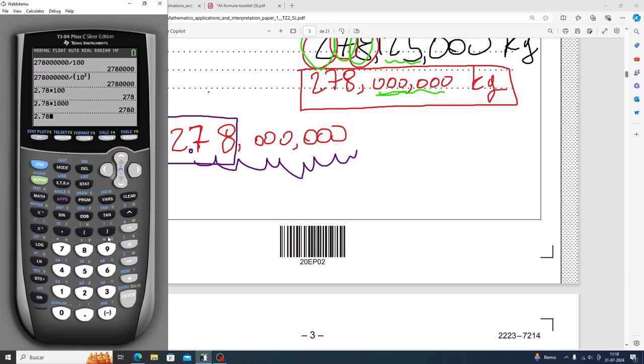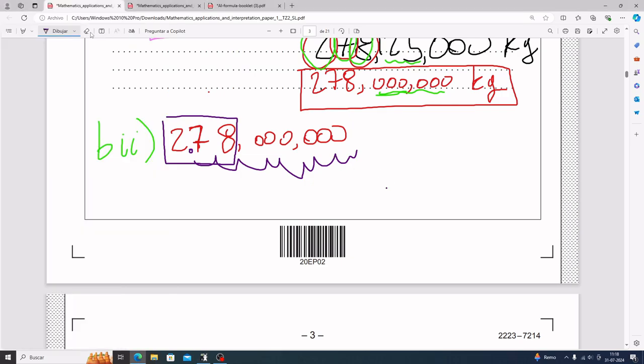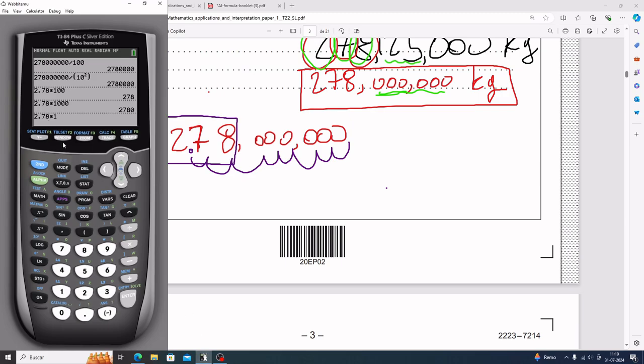And so eventually you're going to realize, how many zeros do I need to put? Well, how many times are you moving? You move once, twice, 3 times, 4 times, 5 times, 6, 7, 8. So if you take 2.78 and you multiply by 8 zeros, you end up with the same number.